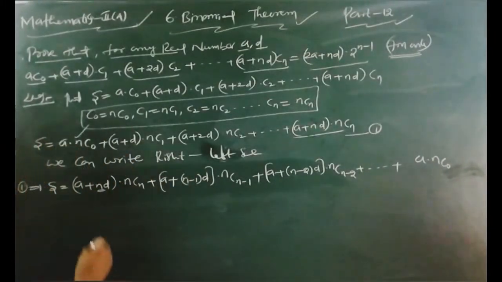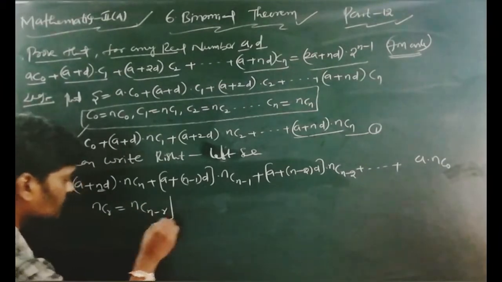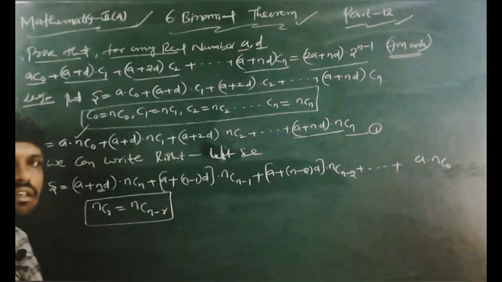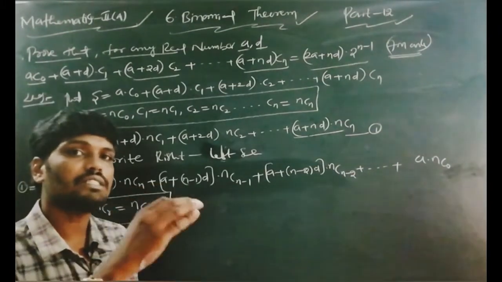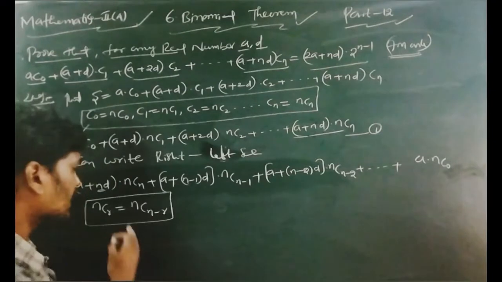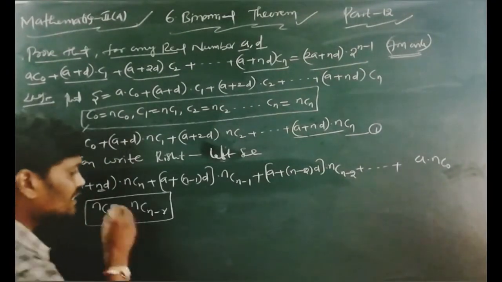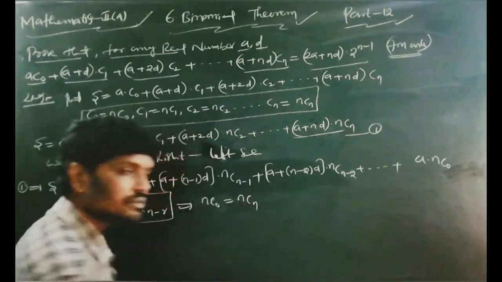After that, you know that the formula nCr is equal to nC(n-r) is there. I already explained this at the start of the binomial theorem, in the statement and proof of the binomial theorem. In this case you can write nC0 is equal to nCn.